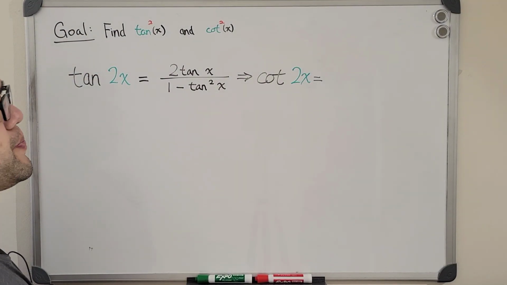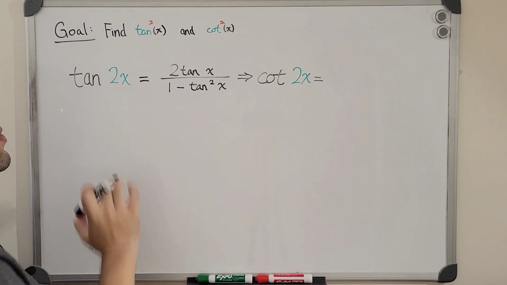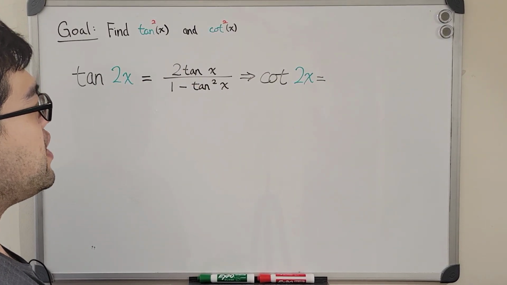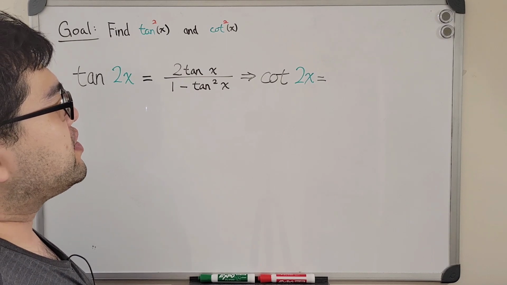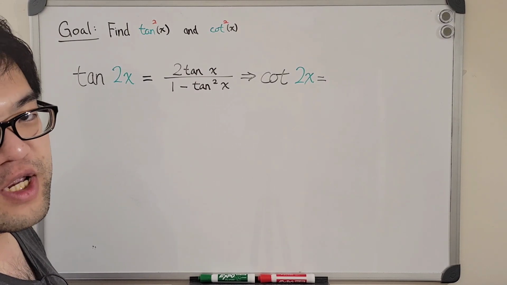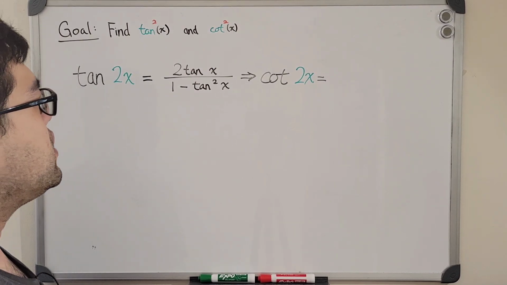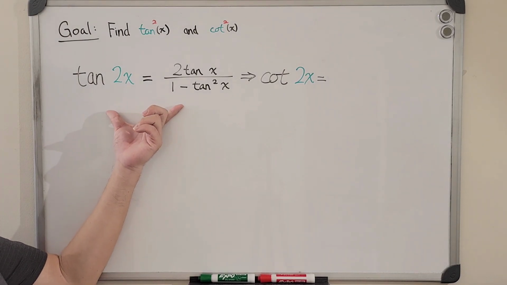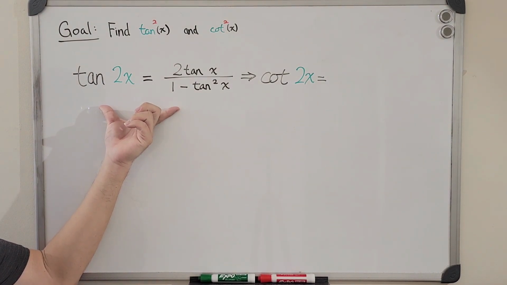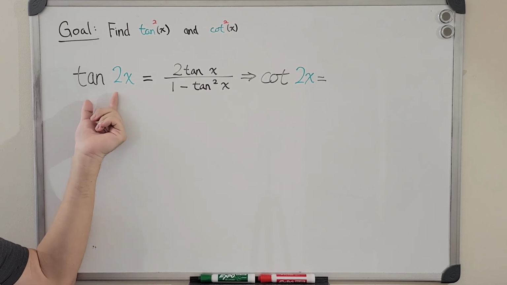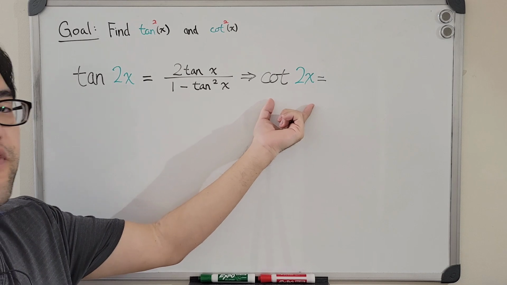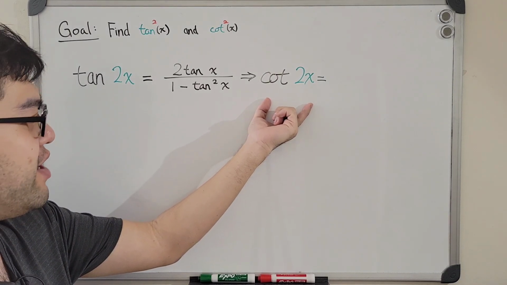Okay, so as we found the expression for tangent square of x, now we're going to find the expression of cotangent square of x. And we would like to use the same formula for tangent of 2x. This time, we're going to use the identity that says tangent is the reciprocal of cotangent as long as they have the same angle.